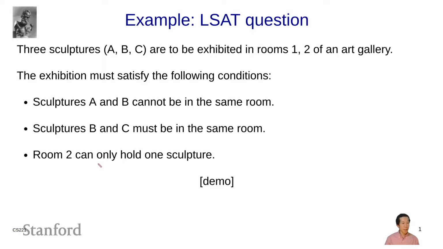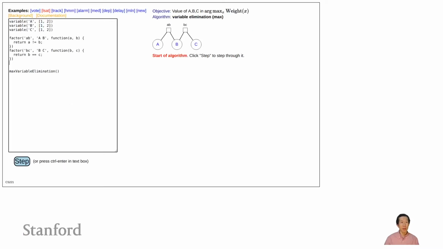Now what about the final condition? Room 2 can hold only one sculpture. This one's a little bit tricky because it doesn't mention sculptures exactly, it mentions only the room. But what it really means is that I have to look at all the sculpture variables. So I'm going to define a factor, let's call it R2, which depends on all the variables. I need to figure out whether room 2 has at most one sculpture.